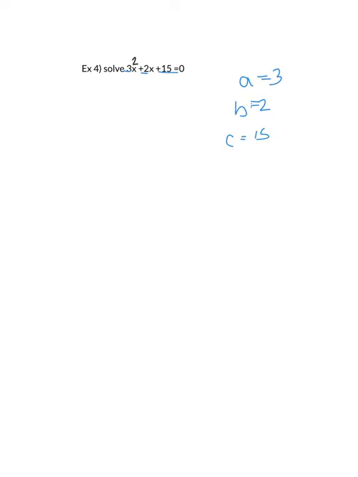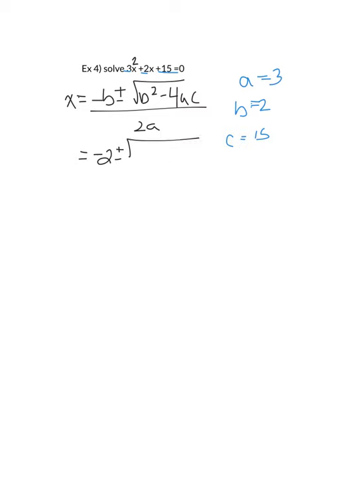I'm going to go ahead and write my formula, negative b plus or minus square root of b squared minus 4ac over 2a. Negative b, so b is 2, so here I have to write negative 2 plus or minus the square root of 2 squared minus 4 times 3 times 15 divided by 2 times 3.